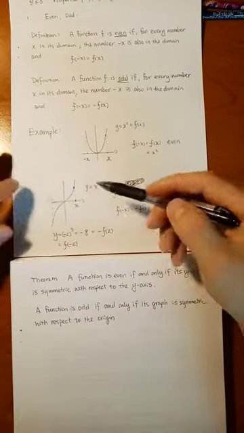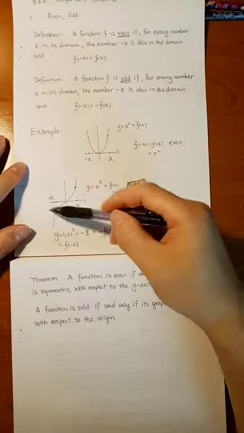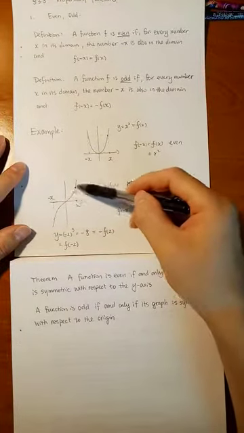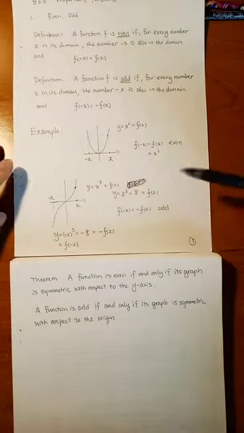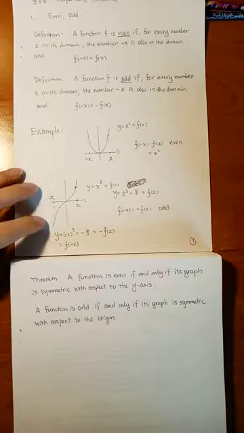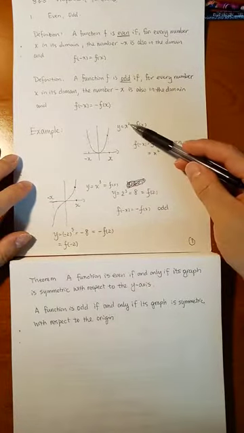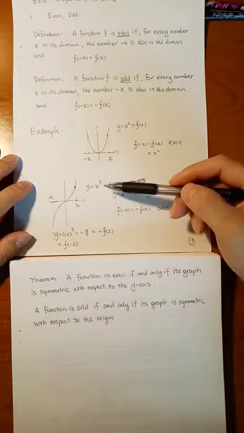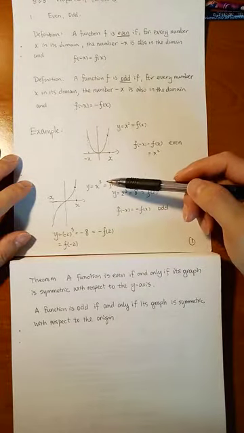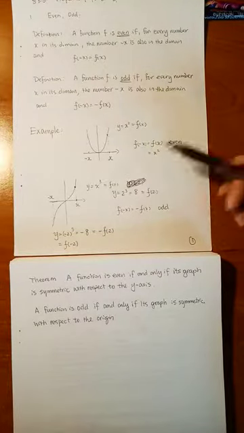With respect to the origin, you just imagine y equal to x cubed, and when you rotate the right branch by pi radians, you will get the left branch. So that's the odd function, and actually that's the reason we get the names even and odd. Here's x squared, it's an even power. Here's x cubed, it's an odd power. You can consider this as the reason behind those two definitions, why they are called even and odd.